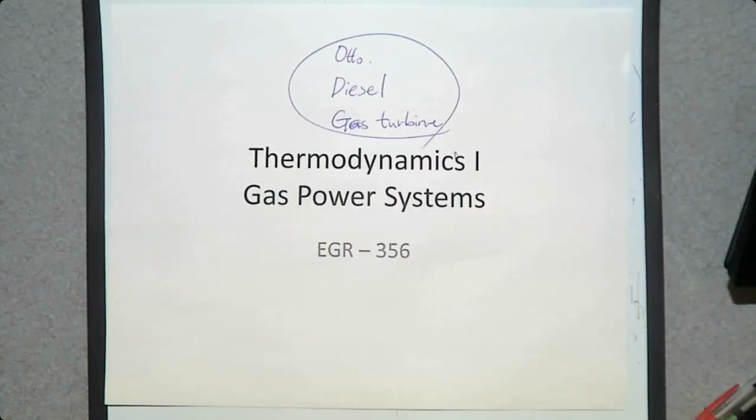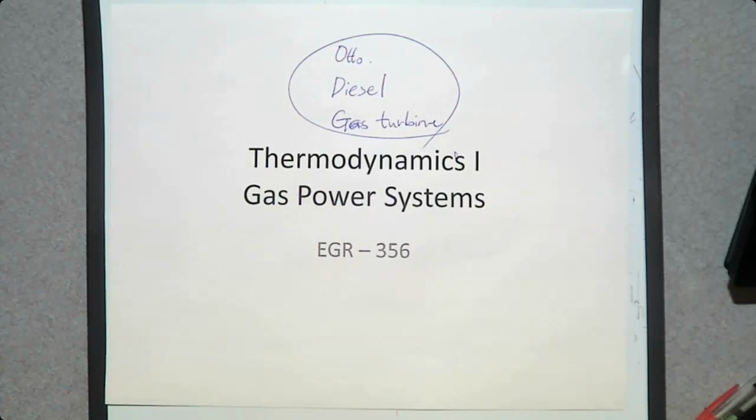But we are not actually studying each cycle. We are just learning how we can apply the thermodynamic equations that we studied from chapter 3 to 6, to learn any application where we can use these equations.